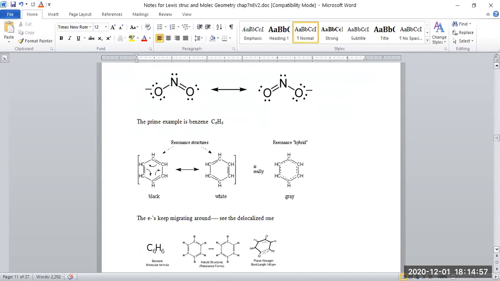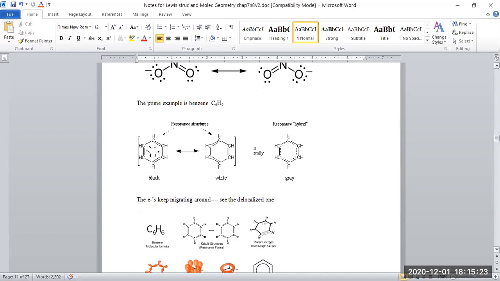Take your 6 carbons, make a little hexagon, and put each corner of the hexagon as a carbon. Then each carbon has a buddy which is a hydrogen. And so it ends up looking a little bit like a Ferris wheel.